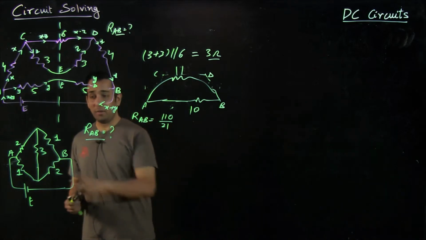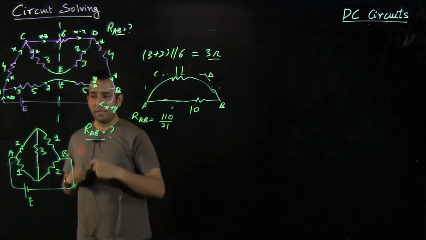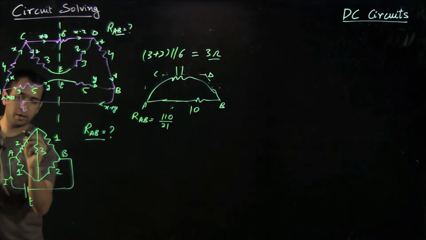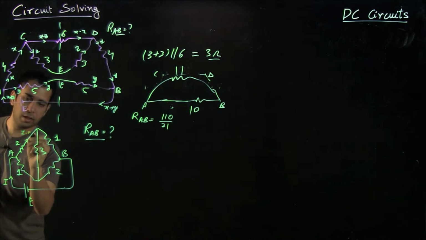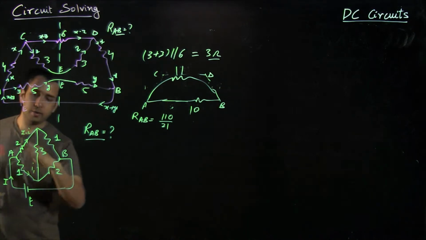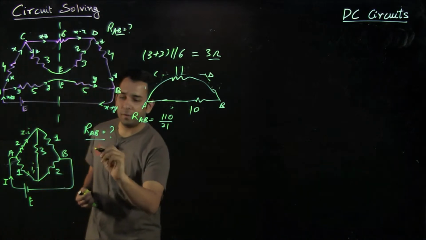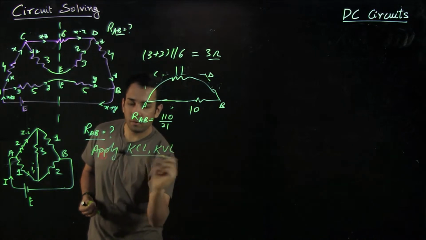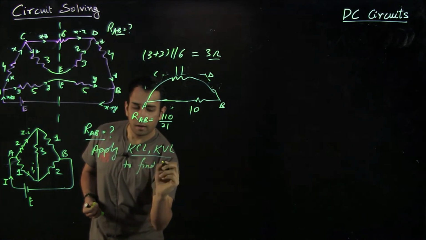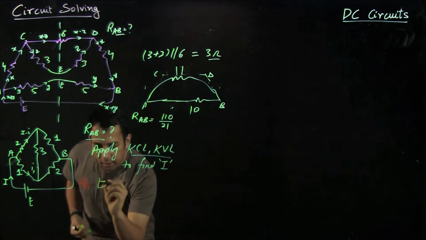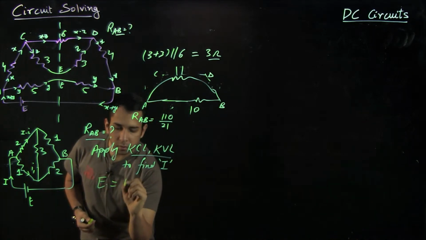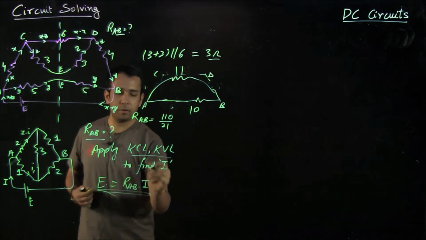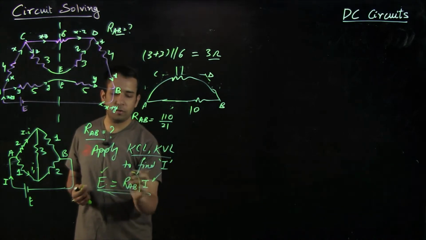Because it has only 3 non-overlapping loops, the easiest way would be to assume a current I and then break it into I minus I1, I1, and just assume all the parameters, apply KCL and KVL to find I, and then use this, that E should be equal to RAB into I. Using this you can find I from this. E is known to you, so you can find RAB.